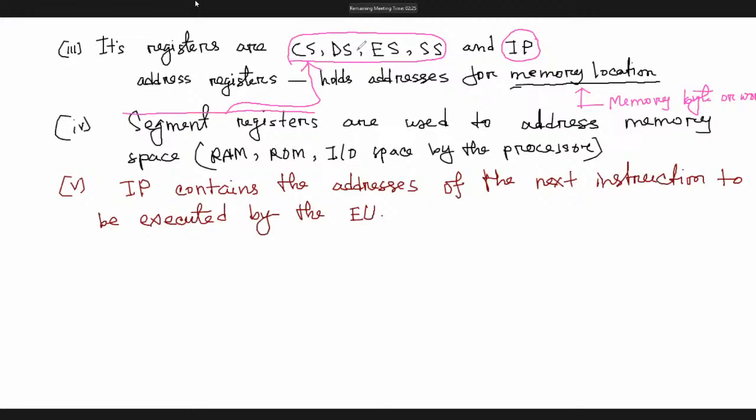I already told you before that all registers are 16-bit, because that's why it is called a 16-bit processor. So now you are saying segment registers are 8-bit. That is not good. This is a 16-bit processor, right? So all registers are 16 bits.